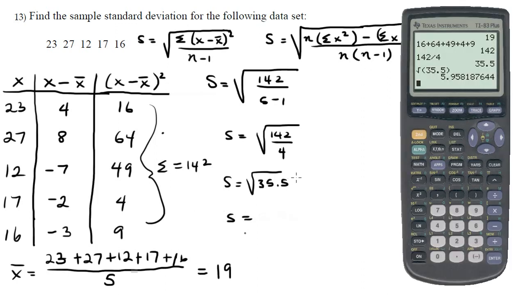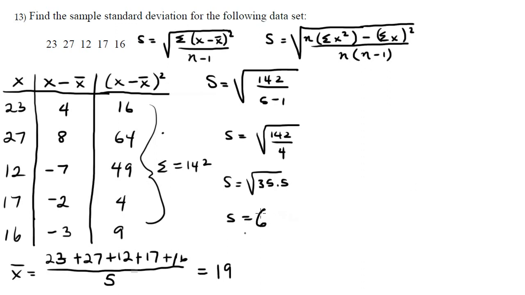Should go over one position. So if I round to the nearest tenth, that's 5. So I round up, and this becomes 6. So my standard deviation should be, I should call that 6. There's my standard deviation. That's using the first formula.